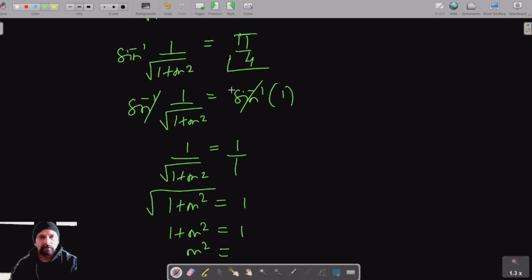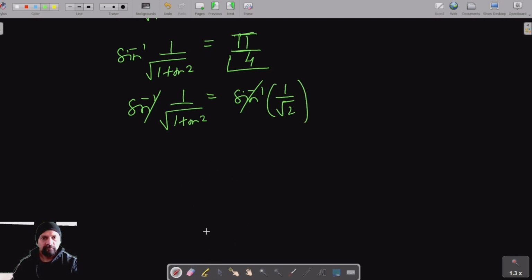Okay, so this is sine inverse 1, pi by 4. Okay, we know that it's sine inverse 1 by root 2.